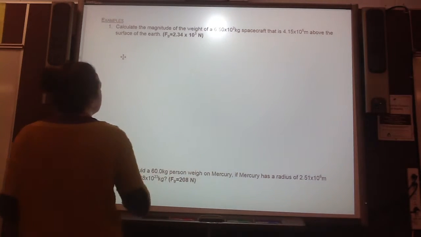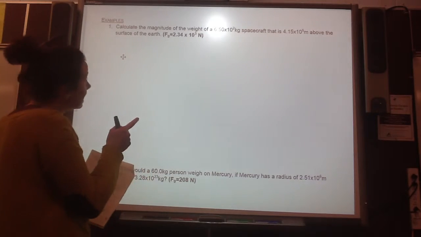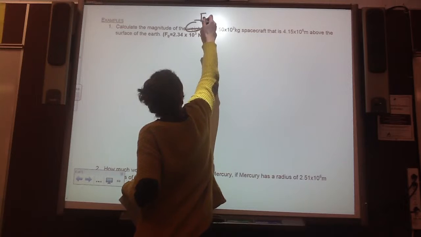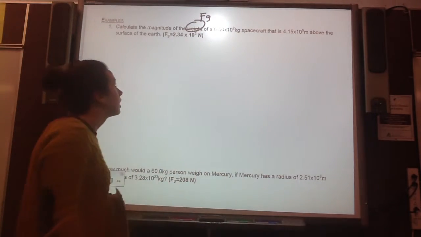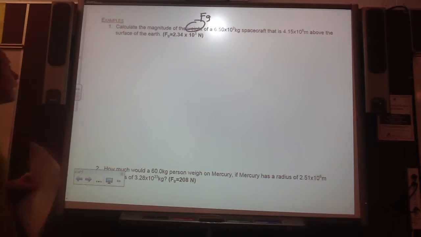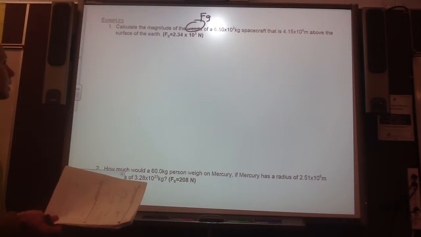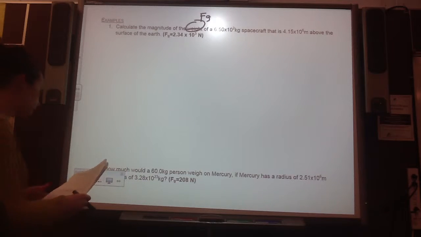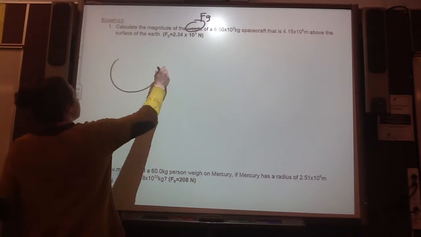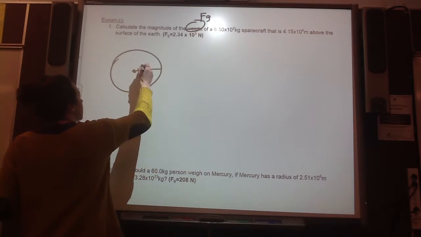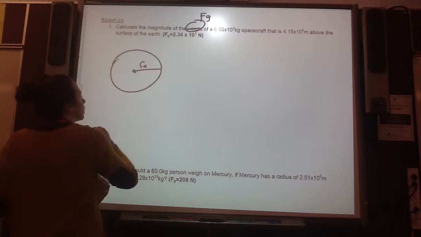So now, calculate the magnitude of weight. Weight, remember, is Fg, the weight due to gravity of a 6.5 times 10 to the 2 kilogram spacecraft that is 4.15 times 10 to the 6 meters above Earth's surface. Just to give you a reference, this is Earth, this is the radius of Earth.